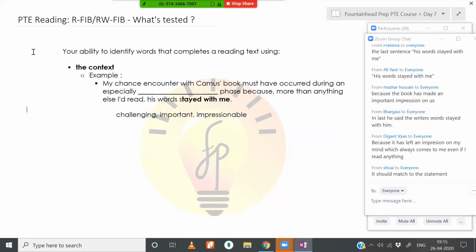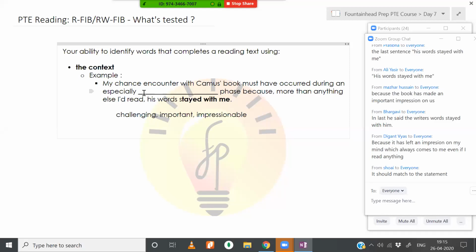Chances are very, very less that, let's say each fill in the blanks question will have about 4 to 5 blanks, and you will have about 5 to 7 such questions. So a total of 30-35 blanks is what you will be attempting. Out of those 30-35 blanks, at the max you may see 3 or 4 words that you may not have heard before.